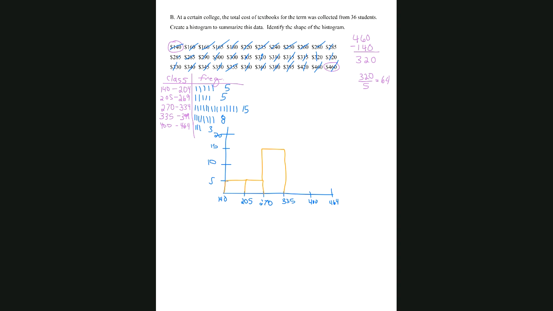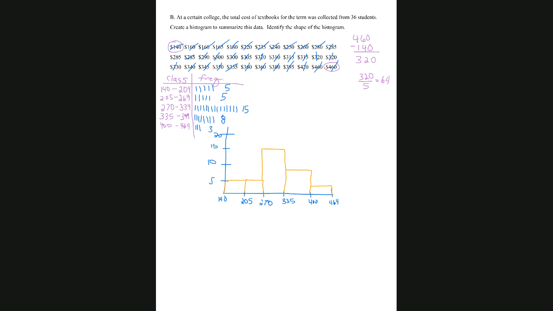In the next class, I have 8, so it's a little less than 10, maybe right here. And I have 3, so that's probably a little less than 5, so that's probably right here.